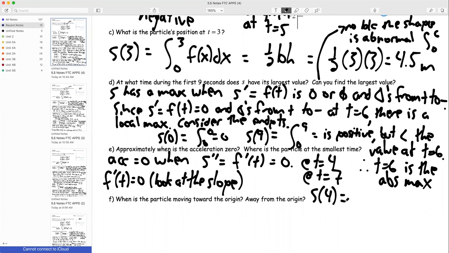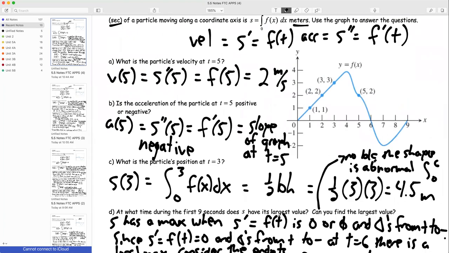S of 4, I'm going to use the original equation that they give us with the integral. That's going to be the integral from 0 to 4 of f of t dt. Can I find the integral from 0 to 4? I could not find it at 6. I can find it at 4 because it makes a triangle.